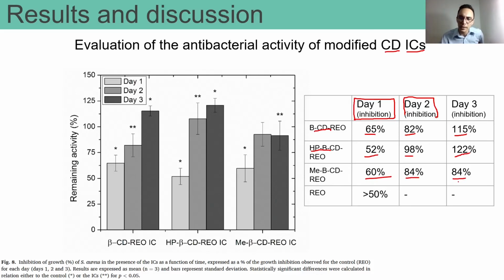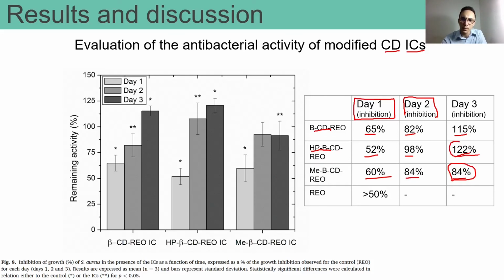And with that we can answer the first question we had for you. For what we see, methyl-beta-cyclodextrin is not the best inclusion complex, because it doesn't reach the same inhibition that beta-cyclodextrin and hydroxypropyl-beta-cyclodextrin essential oil inclusion complexes have.